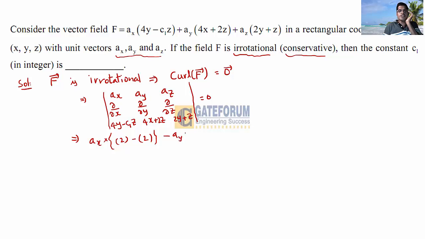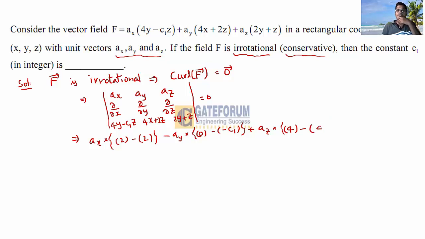Minus ay into, deleting the second column and first row, dou by dou x of 2y plus z, y and z are constants with respect to x so 0, minus dou by dou z of 4y minus c1z, 4y is 0, minus c1z derivative is minus c1. Plus az into, deleting the third column and first row, dou by dou x of 4x plus 2z, 4x derivative is 4, 2z derivative 0, minus dou by dou y of 4y minus c1z, 4y derivative 4, c1z 0.